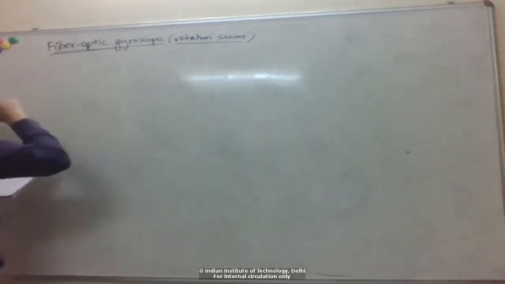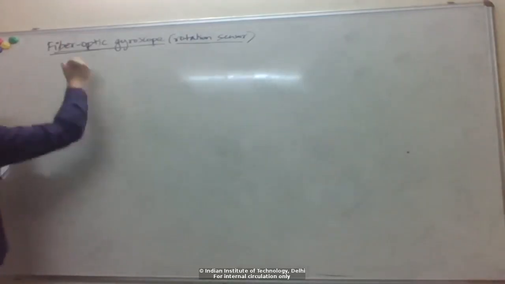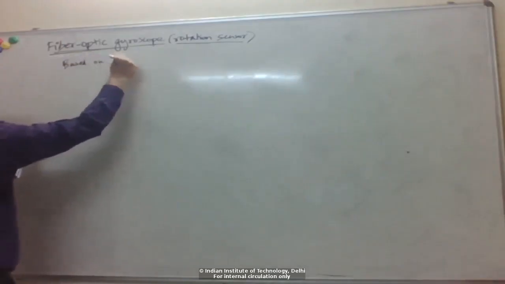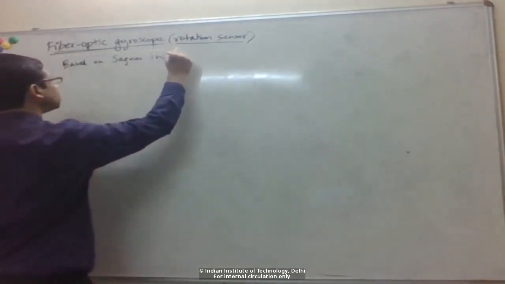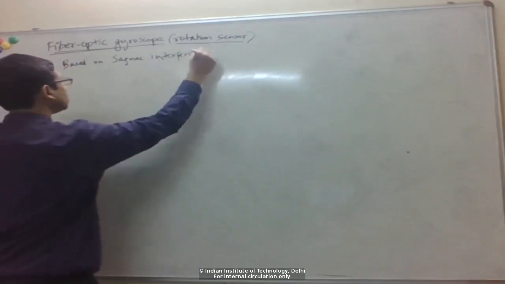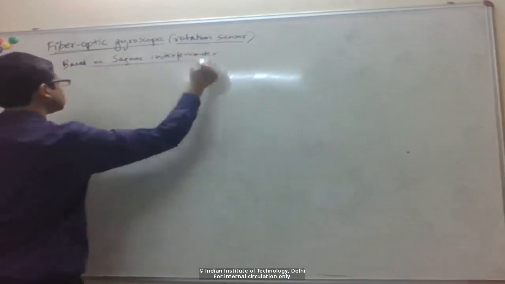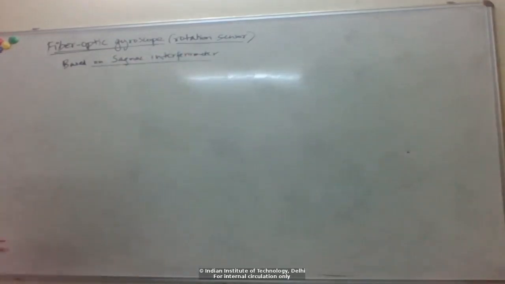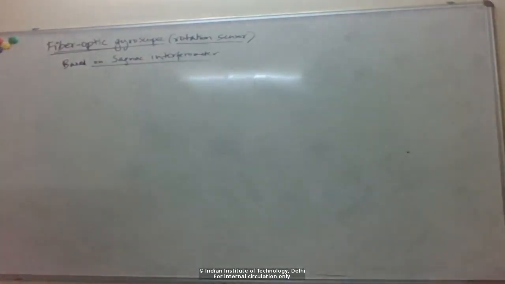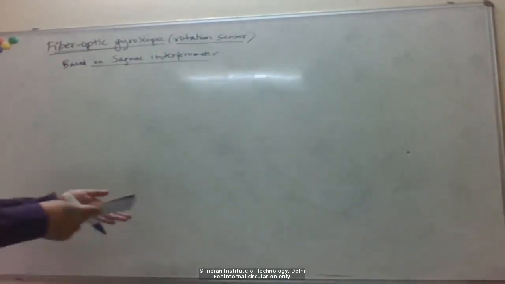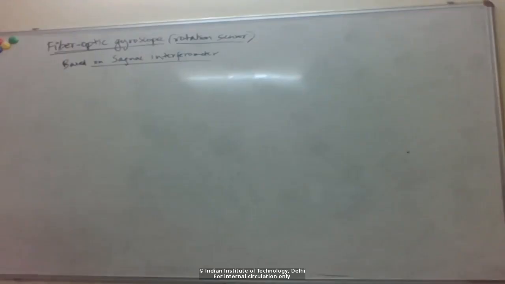This is based on the phenomenon of Sagnac interference. Just like the Mach-Zehnder interferometer, a Sagnac interferometer is also where you measure the phase difference between two paths taken by light.